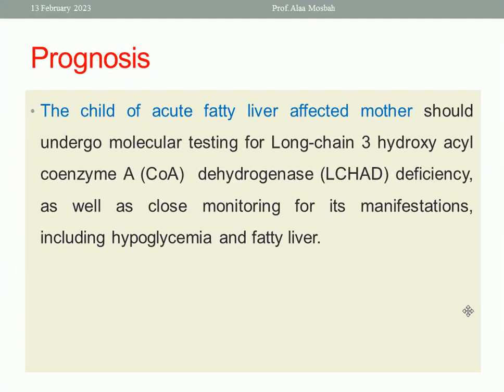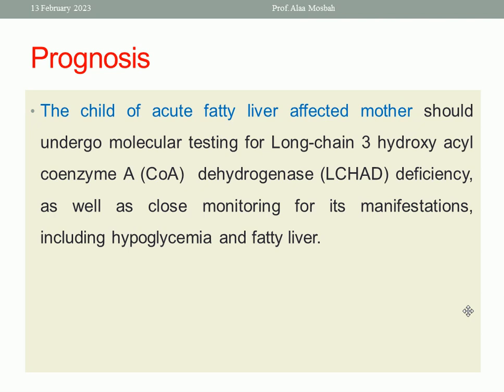The child of an acute fatty liver affected mother should undergo molecular testing for long-chain 3-hydroxyacyl coenzyme A dehydrogenase deficiency, as well as close monitoring for its manifestations, including hypoglycemia and fatty liver.